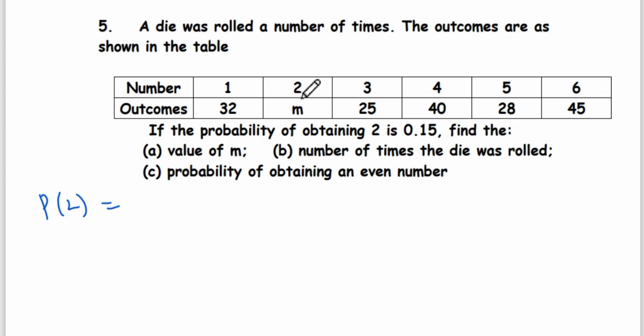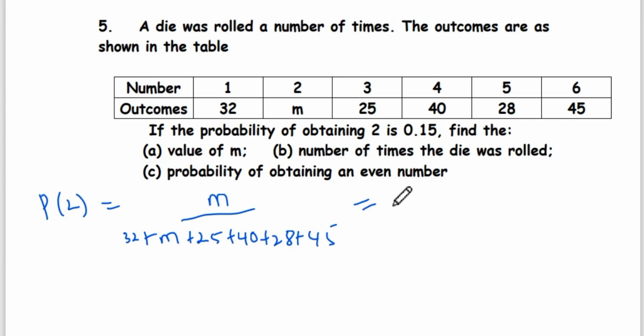The outcome of getting 2 is m, so m divided by the total number of outcomes, that's 32 plus m plus 25 plus 40 plus 28 plus 45, is equal to 0.15.